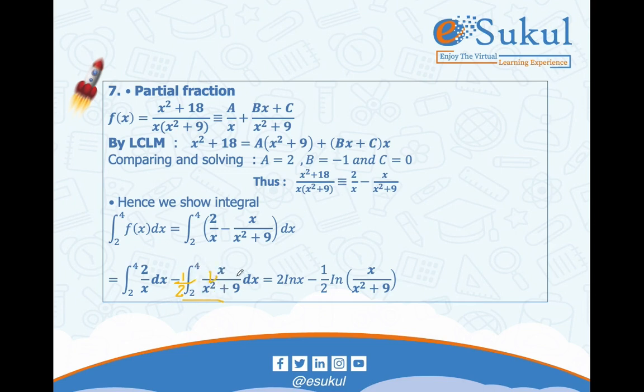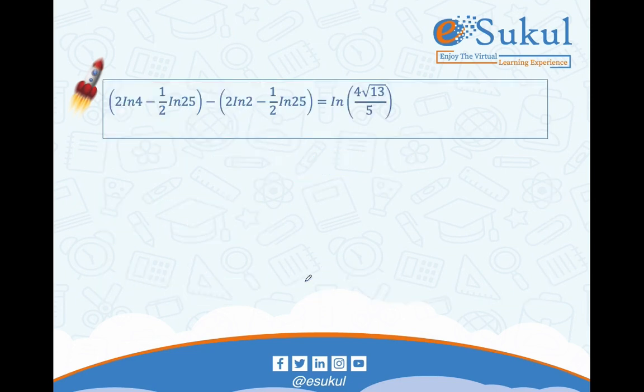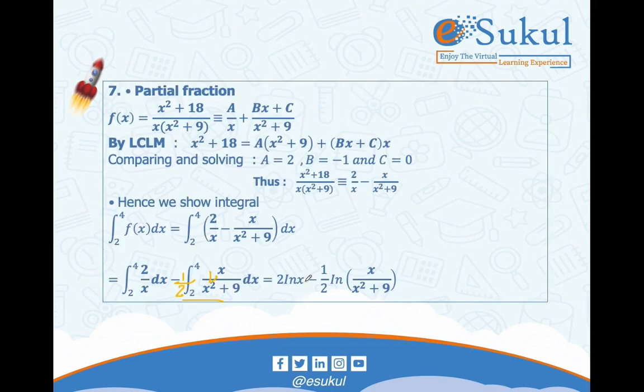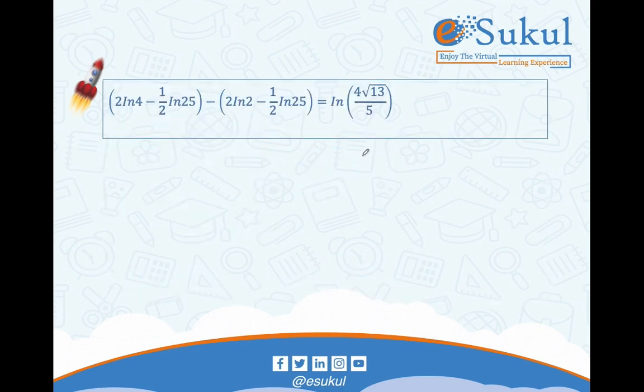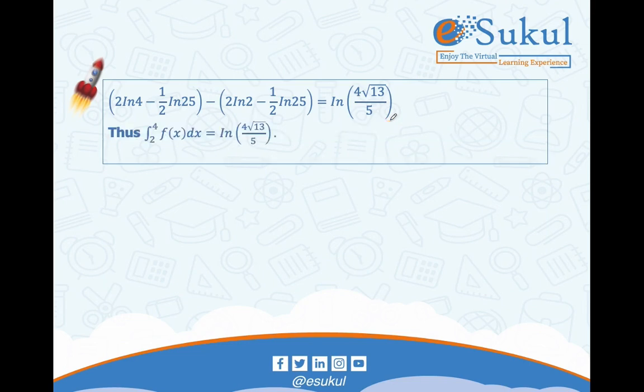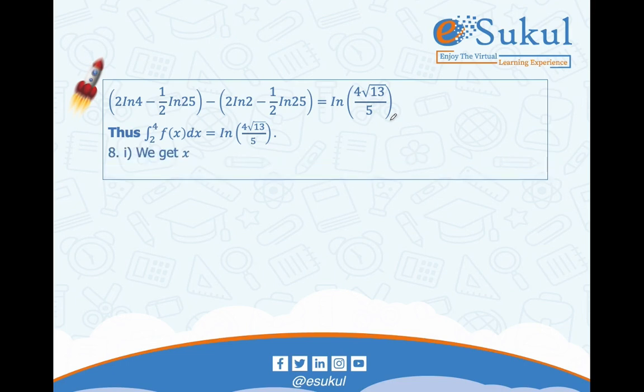So it becomes a recognition, which is ln of our denominator. So having our expression and substituting the boundaries, we have ln of 4 with 13 and 5. Thus, the integral from 2 to 4 of f(x) dx gives us ln of 4 with 13 and 5.